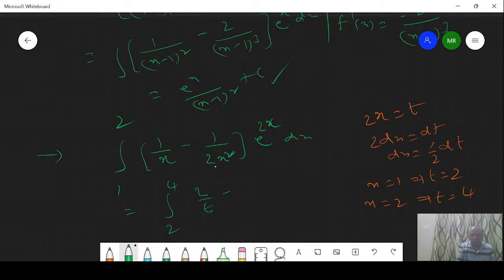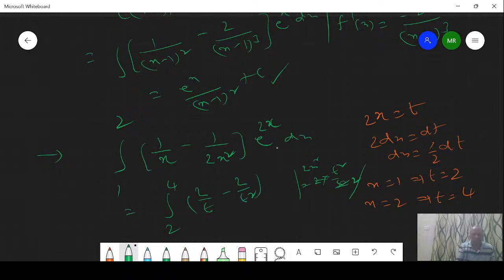I can write 2 into t square by 4, understood here? I am talking about 1 by 2x square, this one. You write the denominator 2x square, 2 into x square means t square by 4, so it comes t square by 2. So 2x square is t square by 2, it will come 2 by t square.